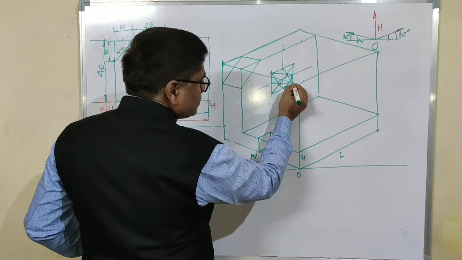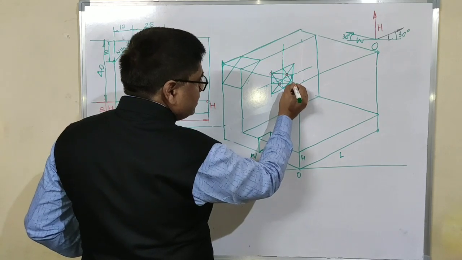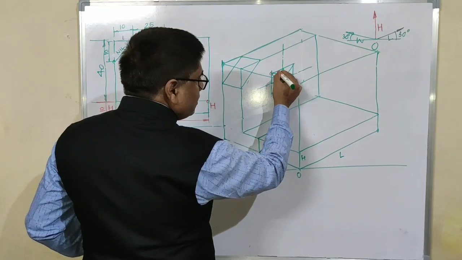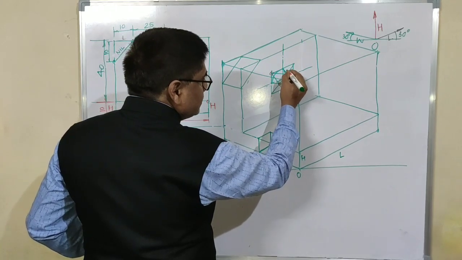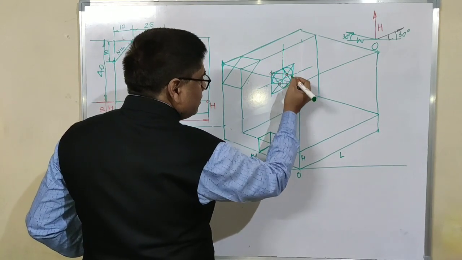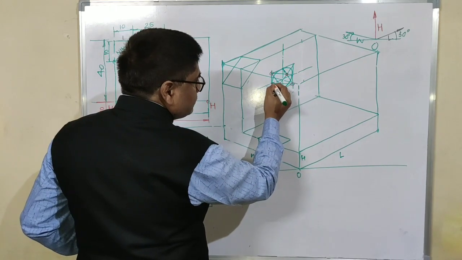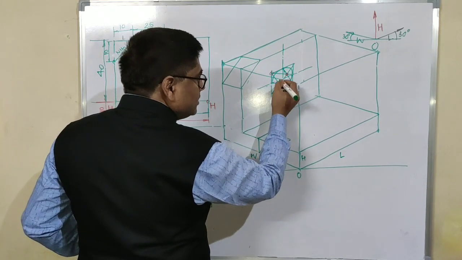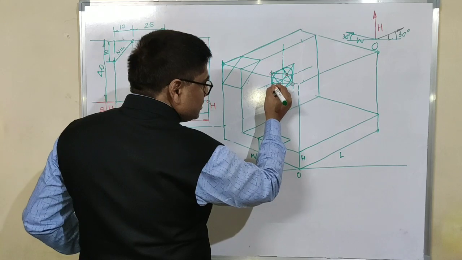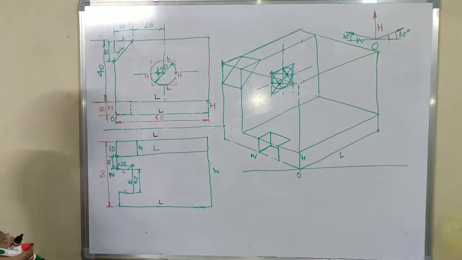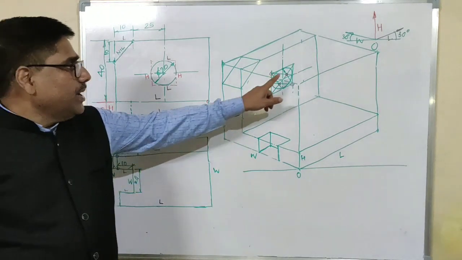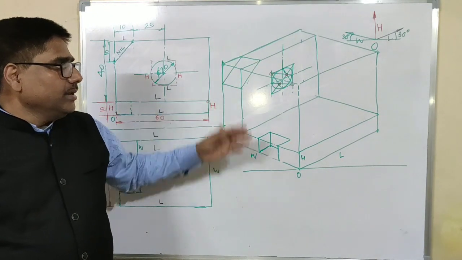With the same radius and changing center, that is this center, draw another arc. With this center and this much as radius, draw the third arc. And with this center and this same radius, these two radii will be the same, there will be an arc parallel to this in the back plane.